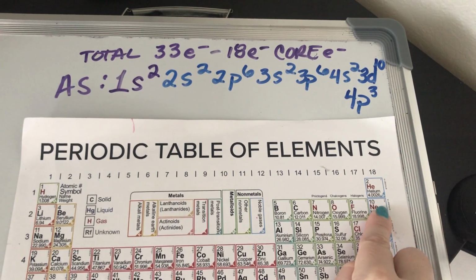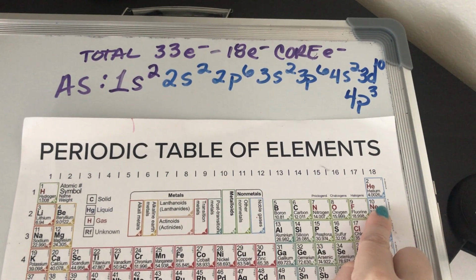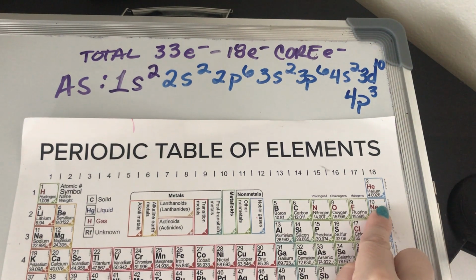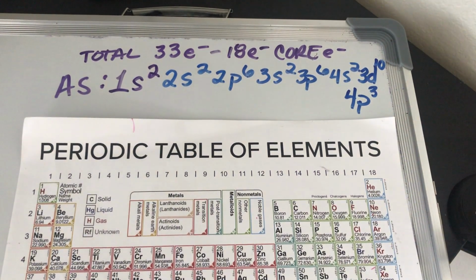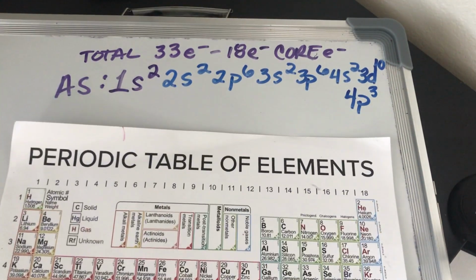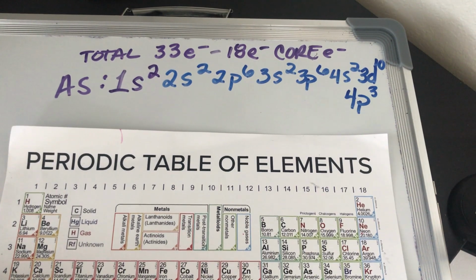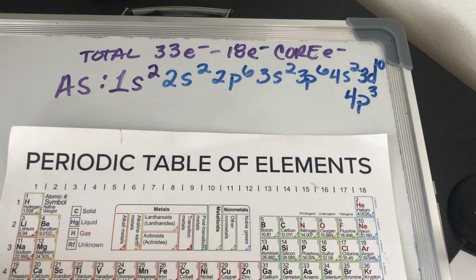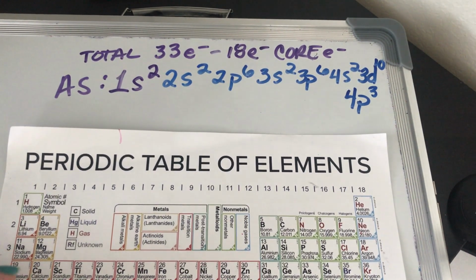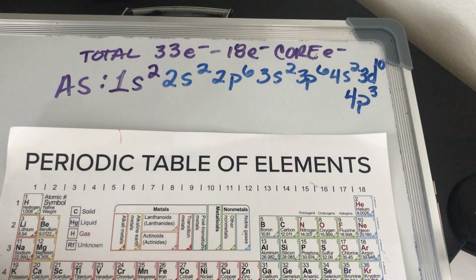Okay, so for something like flerovium, would we go up to radon and say 86 core electrons? I'm sorry, you're looking at number 114 there at the very bottom? Yes. So when you get into row 6 and 7, you have 14 extra electrons from the F block, right?